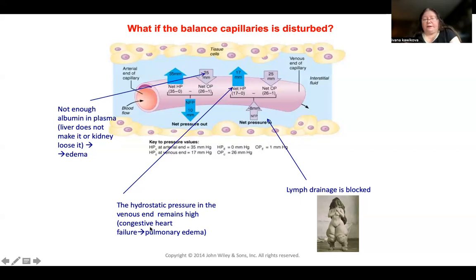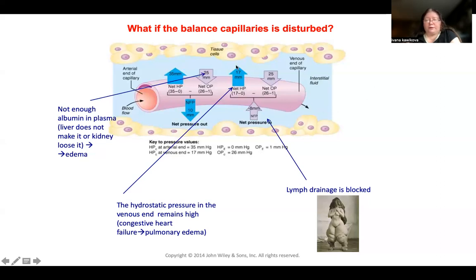Then we have the possibility of increased hydrostatic pressure at the venous end, which happens, for example, during congestive heart failure, where pulmonary edema develops because the hydrostatic pressure remains high here as the blood cannot move away from the venous end.